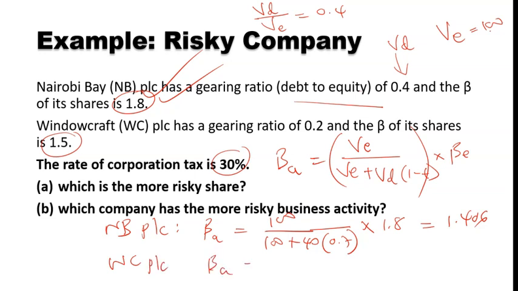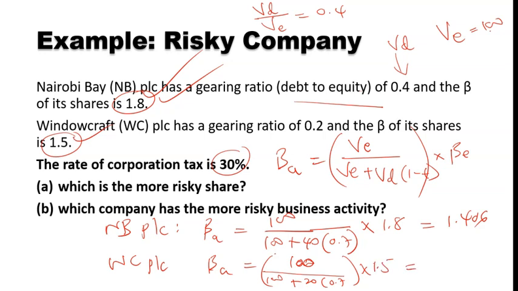That's beta asset is equal to 100 over, that's 0.2 is just 20, so that's 100 plus 20, multiplied by 0.7, okay, multiplied by the beta equity which was 1.5.